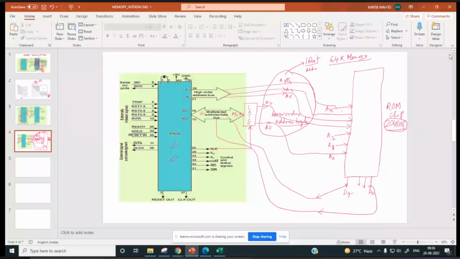What about A11, A12, A13, which are coming out from 8085, A14 and A15? So how many pins are there? 1, 2, 3, 4, 5. So what about these 5 address pins?